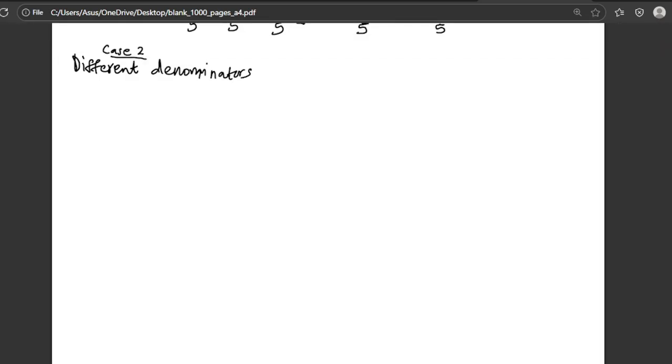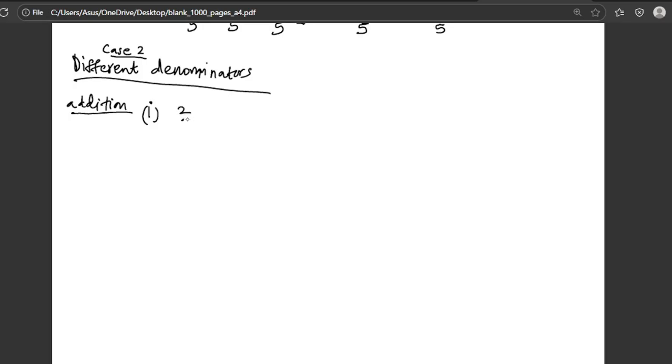Let's do addition first, and begin with a simple example.